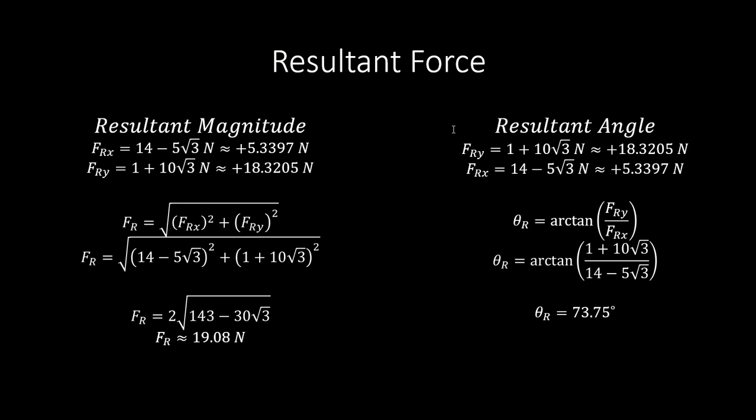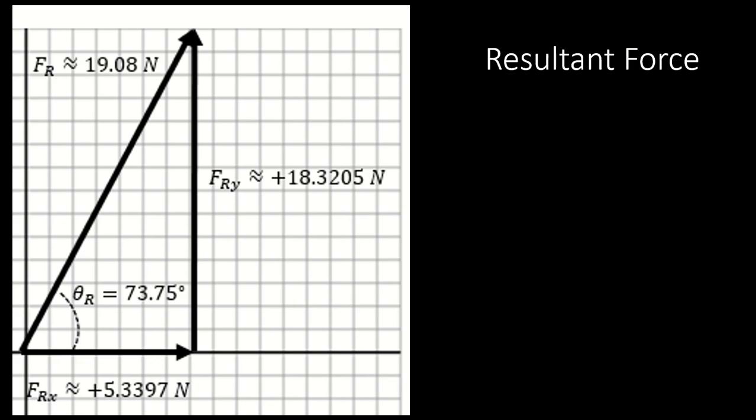The resultant angle of these two components is going to be arctangent of the y divided by the x. Just plug in the exact values: parenthesis 1 plus 10 square root of 3, parenthesis, divided by parenthesis 14 minus 5 square root of 3, parenthesis, and then all that in parentheses for the arctan function gives us an angle of 73.75 degrees.